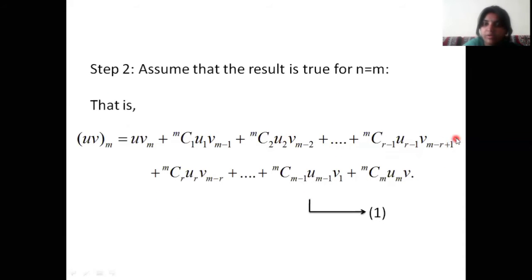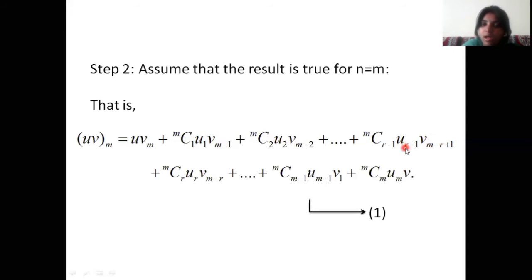Here when you differentiate this, mCr-1, I'm keeping this outside. I'm differentiating this using the product rule. So that will be u^(r-1) into v^(m-r+1+1), that will be plus 2.